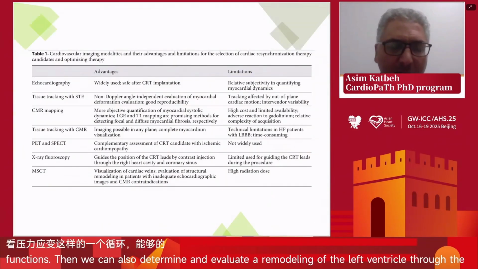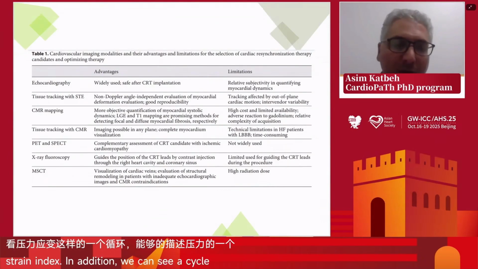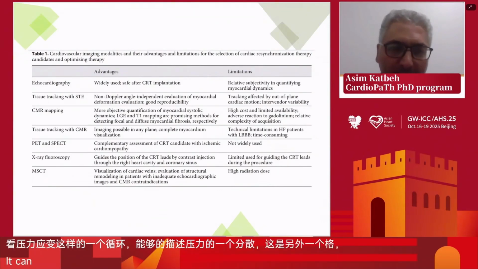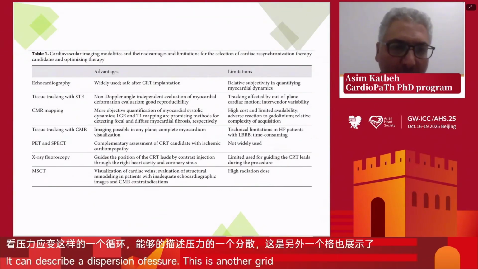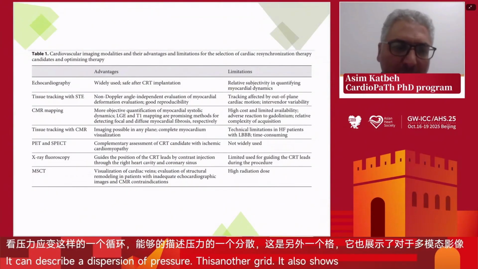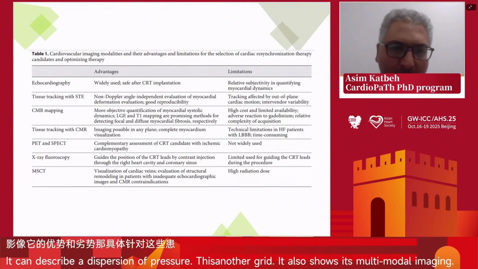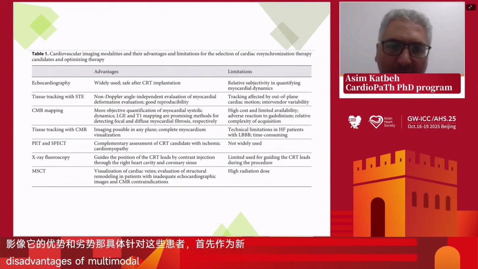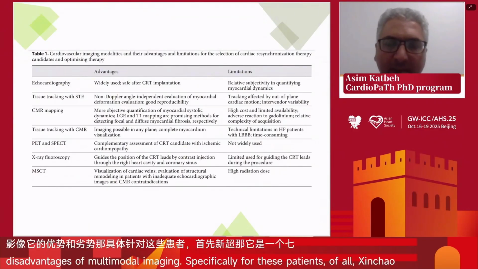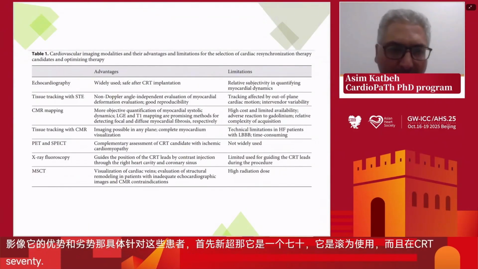This other table shows the advantages and limitations of multimodality imaging in this group of patients. Still, echocardiography is the cornerstone and widely used, and it's safe after CRT implantation, but the limitation is that it is still subjective.